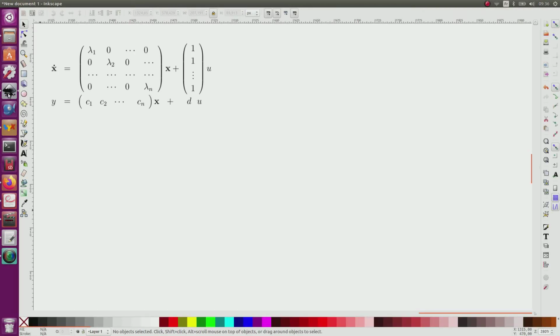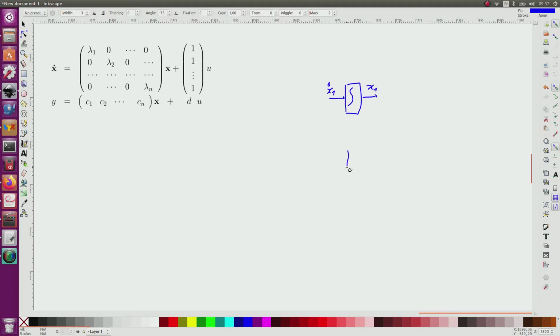So this is my system, and I can understand that the vector x is of dimension n, so I will have to draw here n integrators. It corresponds to the memory of the system. Here I will have x1, x dot 1.